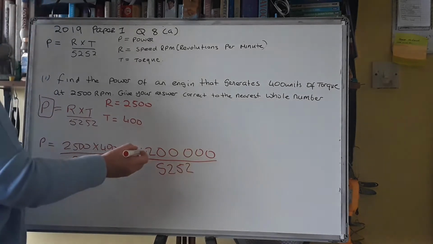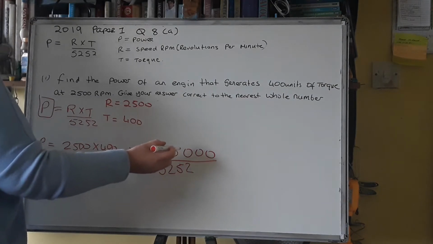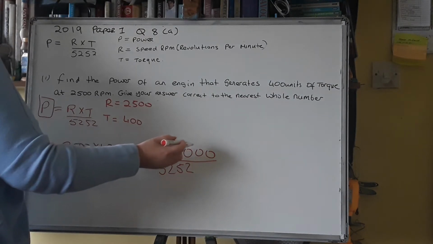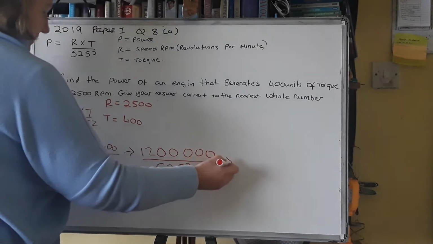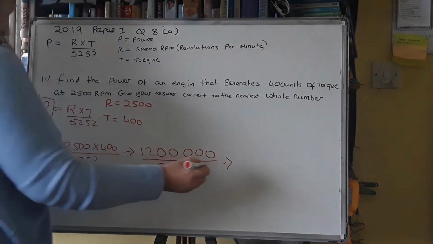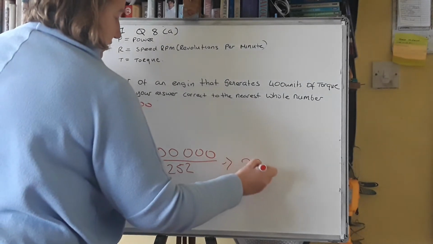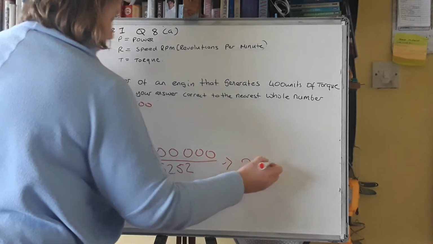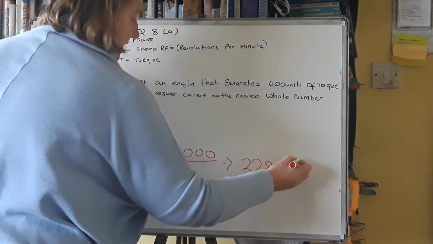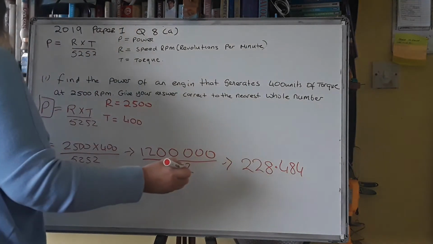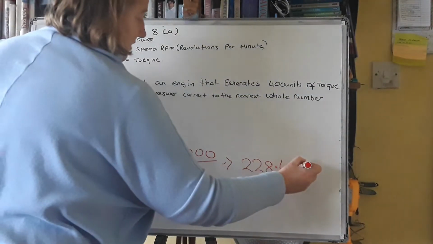So simply divide 1,000,000 by 5252, and when you divide that in, you get 228.3869.